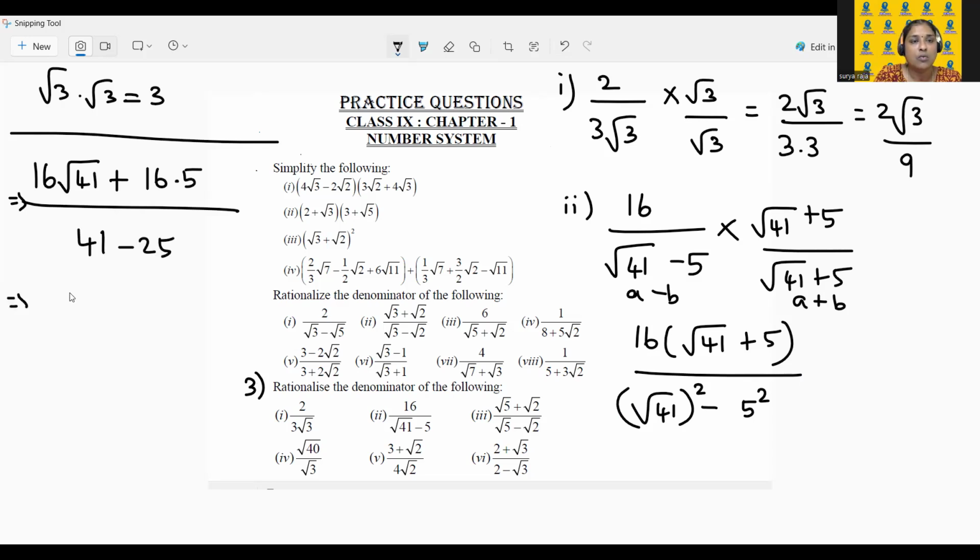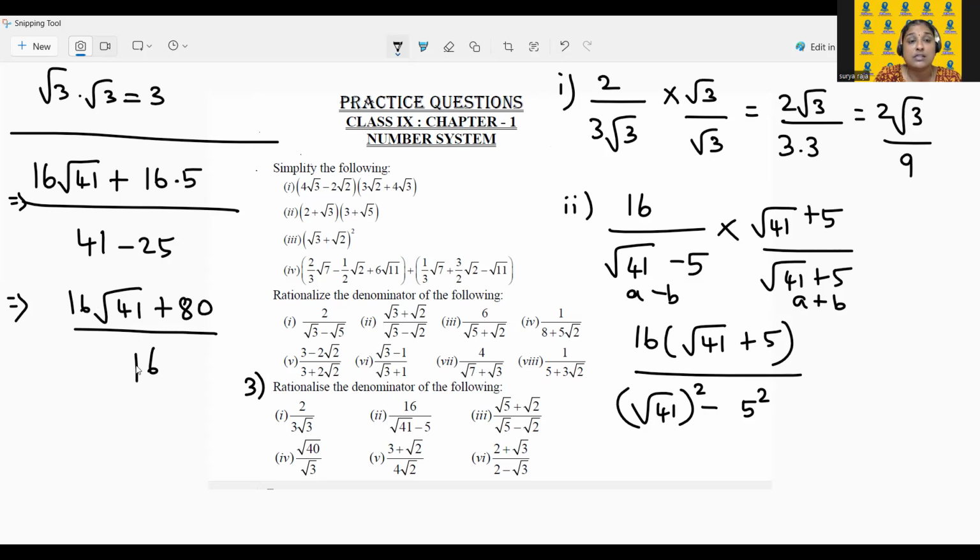Now what is 16 times 5? 80 by 41 minus 25 would be 16. 11 minus 5 is 6, 3 minus 2 is 1.